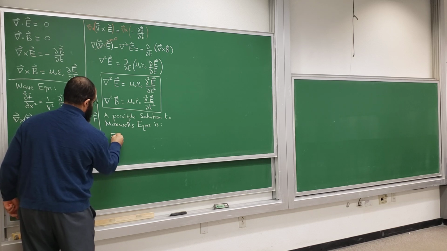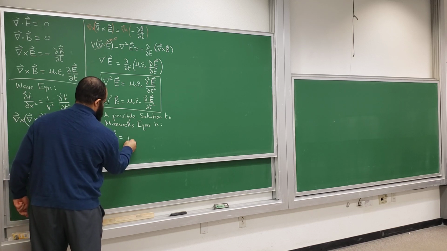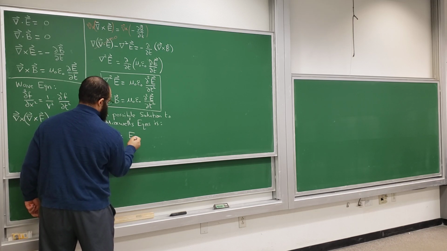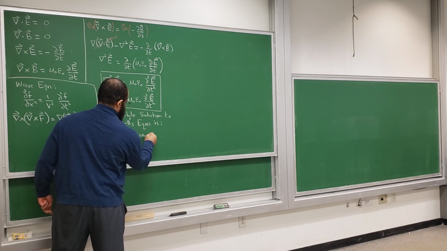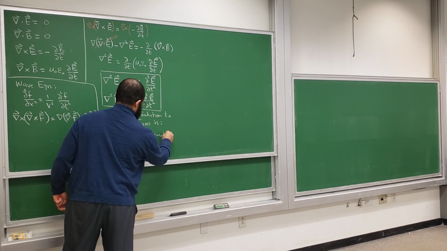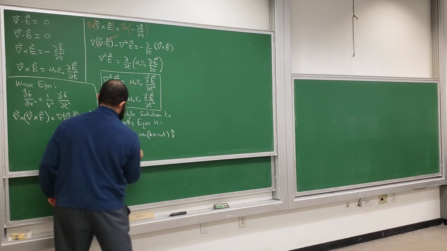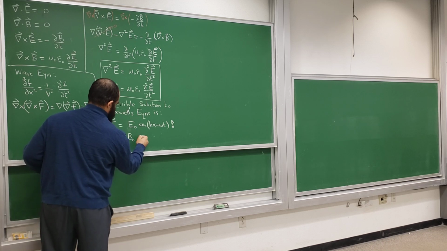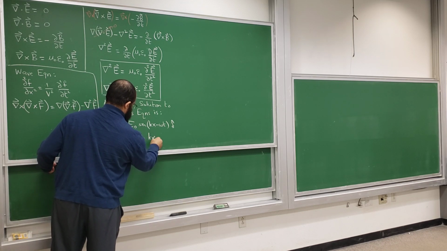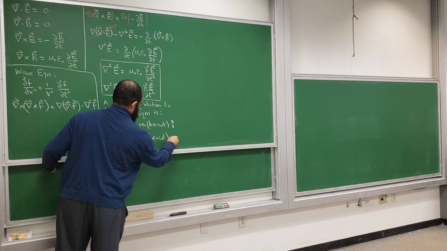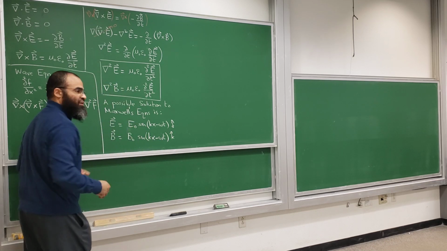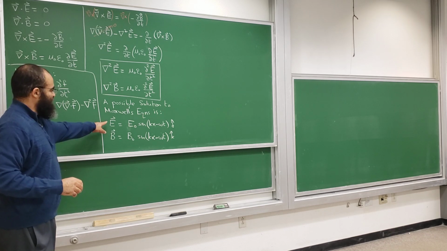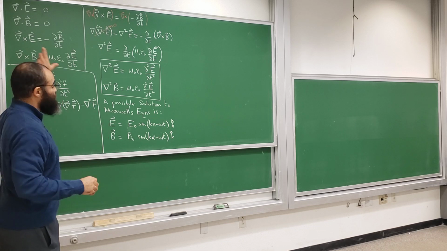E, or let me write the j hat in front, E_y equals E naught sine of kx minus omega t, j hat, and then B equals B naught sine of kx minus omega t, k hat. We said this is a possible solution.